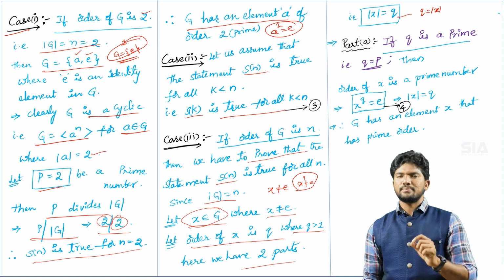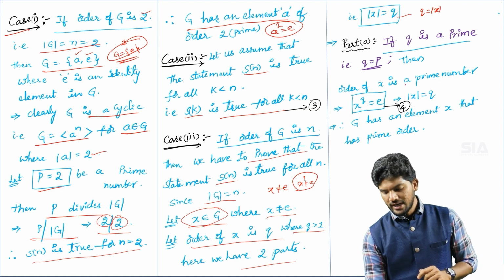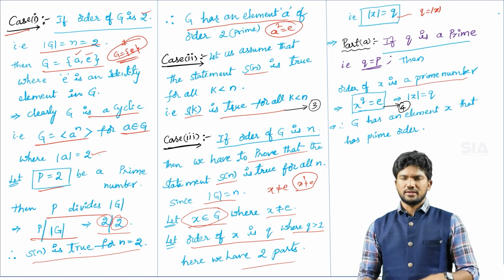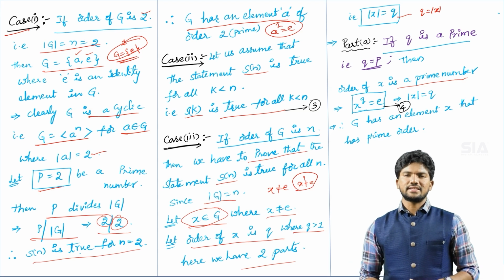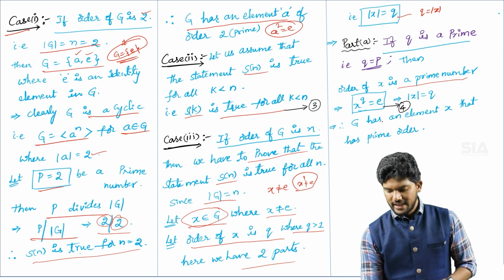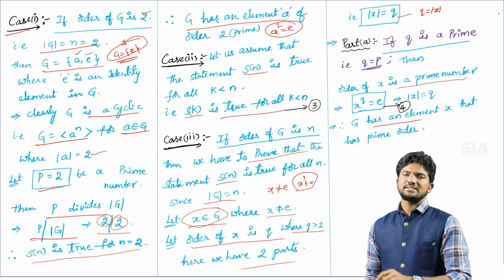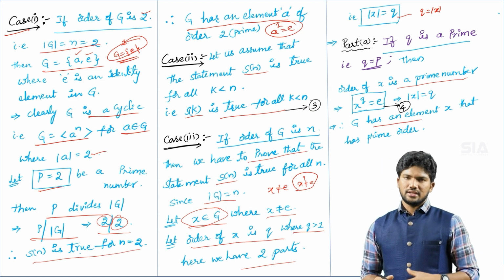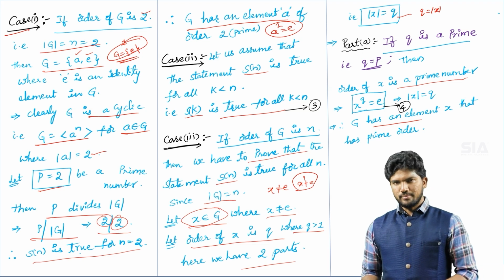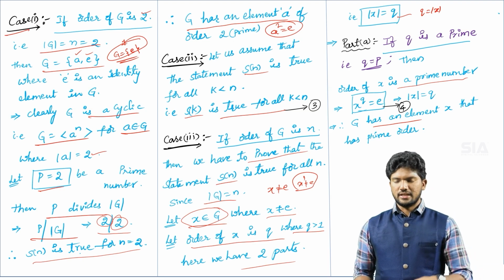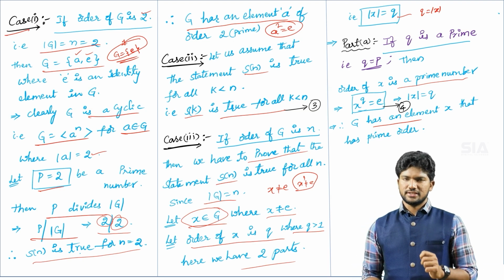If that q is a prime number, then the order of x is a prime number. Then there is no need to prove the theorem. Directly you can say that the order of x is a prime number. So therefore G has an element small x that has prime order. That is taken as equation number 4, x power q is equal to small e.